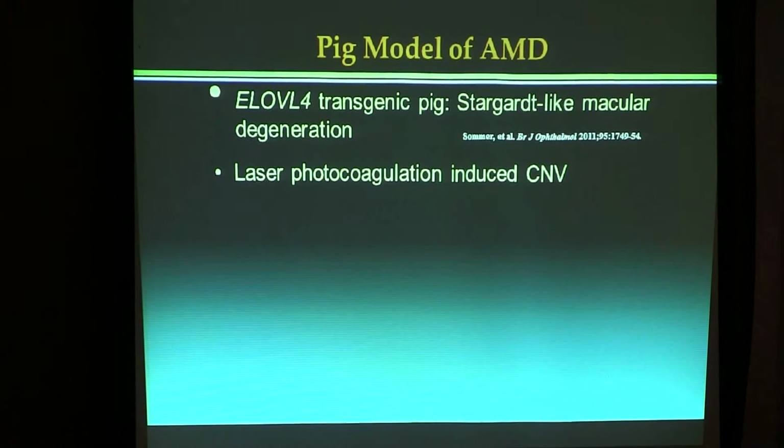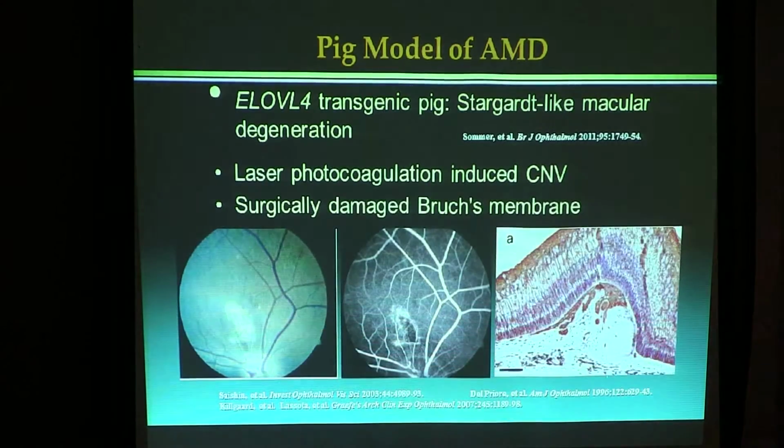Of course, this is juvenile macular degeneration, not age-related macular degeneration, but it's similar. It can also be used for laser photocoagulation, and here is one of the papers. The surgical damage to Bruch's membrane, and you can see this huge area of choroidal neovascularization.